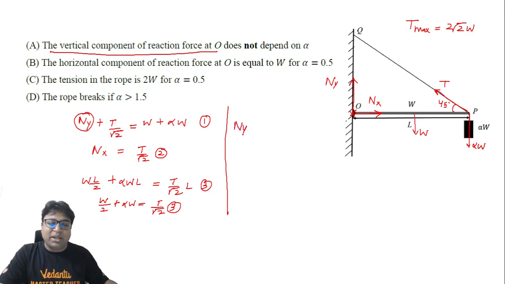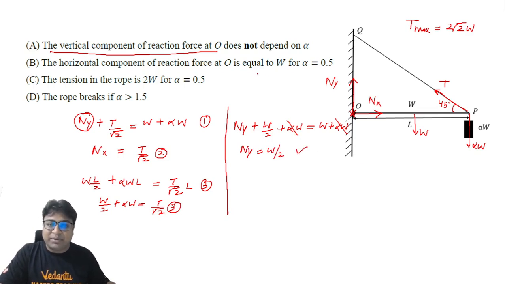It will become Ny plus T by root 2, which is W by 2 plus alpha W, equal to W plus alpha W. Alpha W gets cancelled, so we get Ny is equal to W by 2, which is a fixed value, and it is not dependent on alpha. So option A looks to be the correct one.